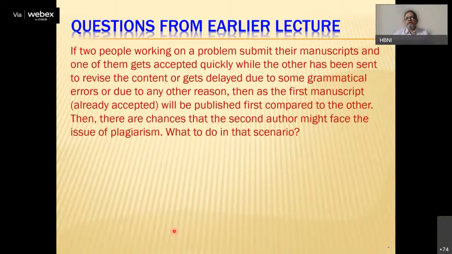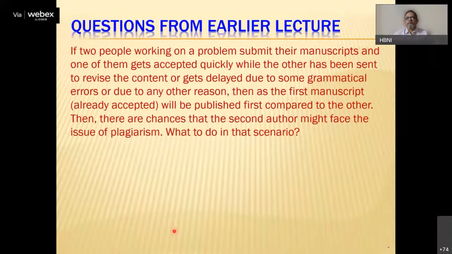Okay, firstly, when you submit a manuscript to a journal, they do what is called time stamping or date stamping. Whenever a manuscript is received in the editorial office, the first thing they do is put a receipt date. That date becomes the initial date from which everything else gets calculated.